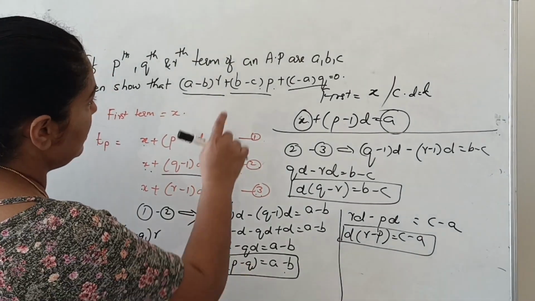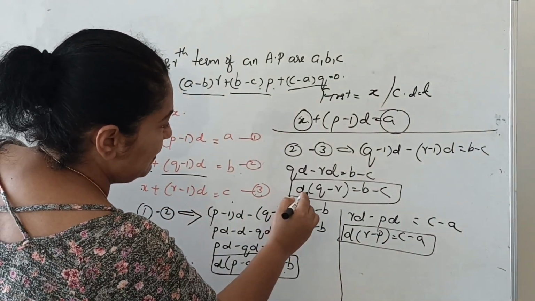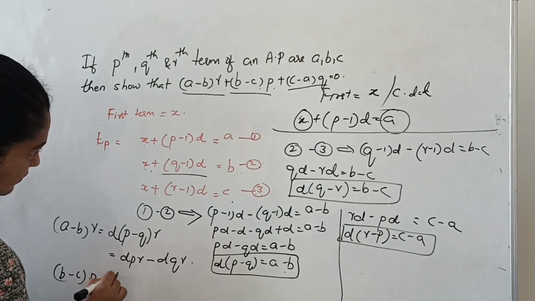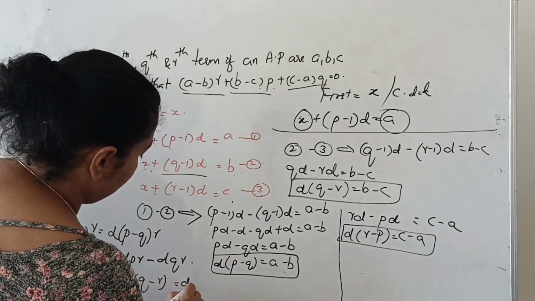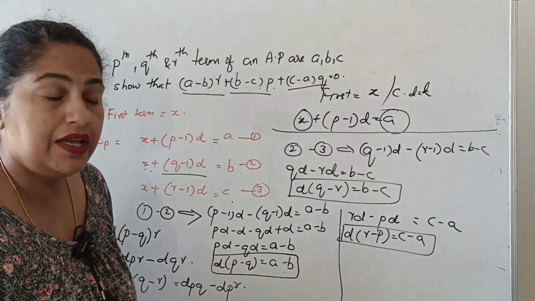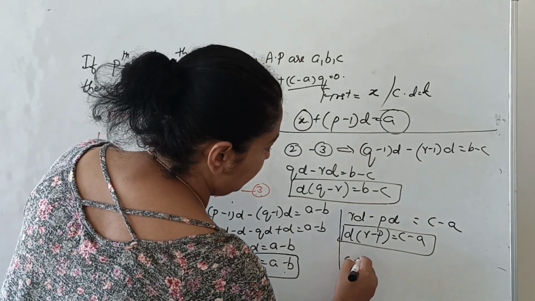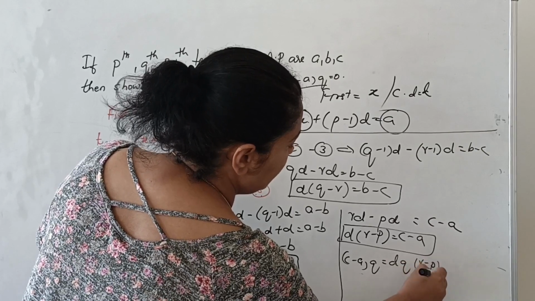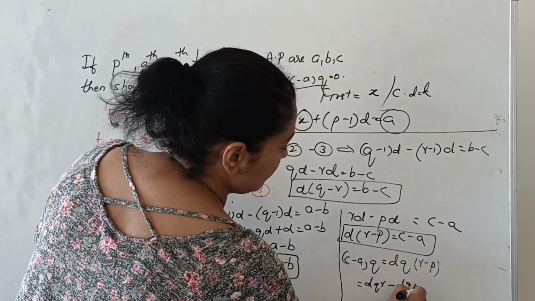Okay. Similarly, (b minus c) into p is dp into (q minus r), which will give me dpq minus dpr. Okay. Now, the last one, (c minus a) into q, is actually dq into (r minus p), which is dqr minus dqp.